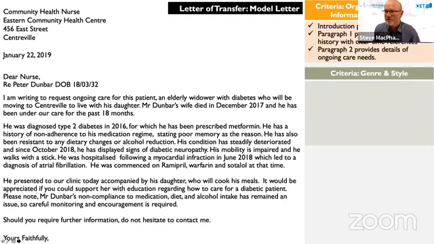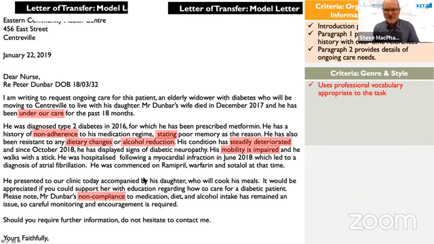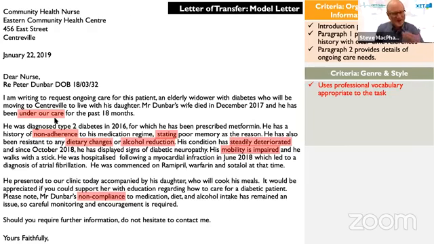Now, let's look at the criteria, genre and style. So firstly, for genre and style, this is about language, everyone. We've used professional vocabulary appropriate to the task. So we've got things like under our care. That's nice language, right? That's medical language. He's been under our care. We've got the word non-adherence. He has a history of non-adherence to his medication regime. So that's appropriate language. Stating poor memory.